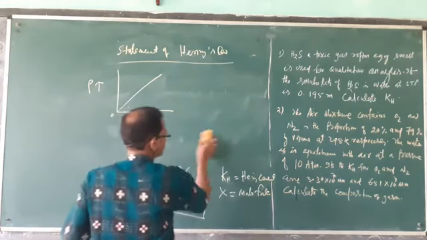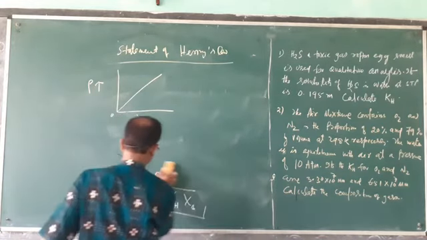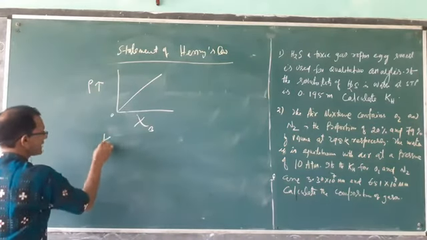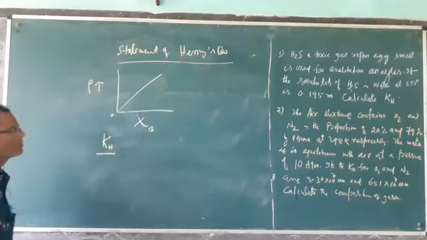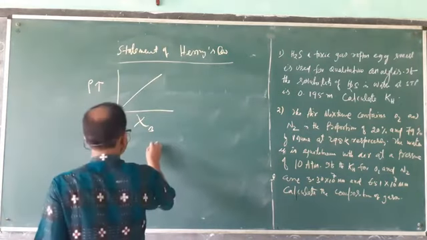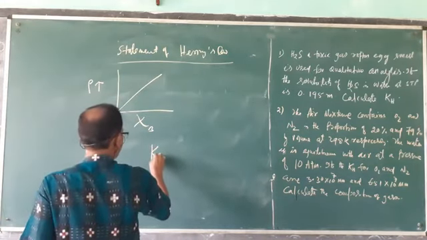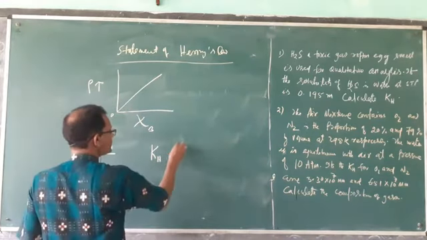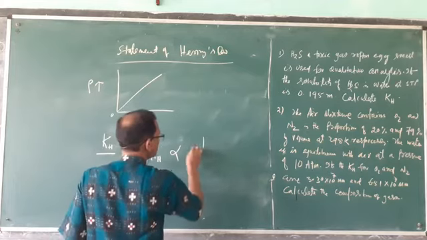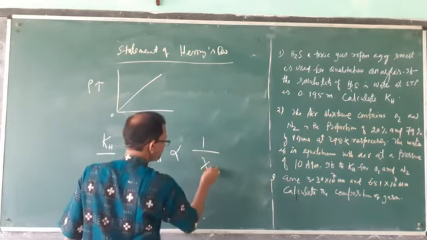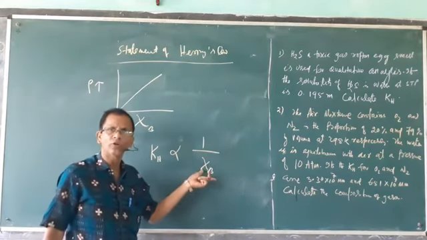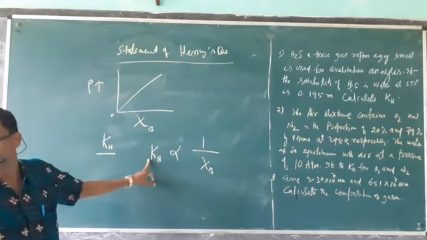Then what are the characteristics of KH? KH is inversely proportional to solubility or χB. Remember, if solubility is more, KH is less.